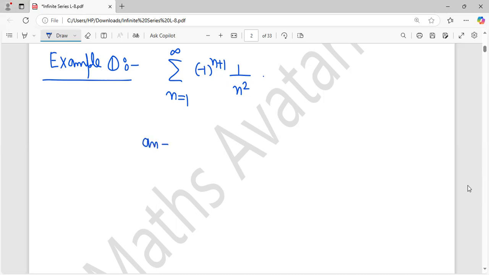What is a_n here? The absolute value of a_n is 1 upon n square.